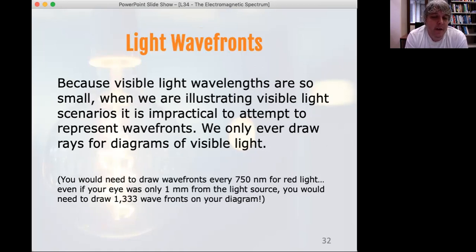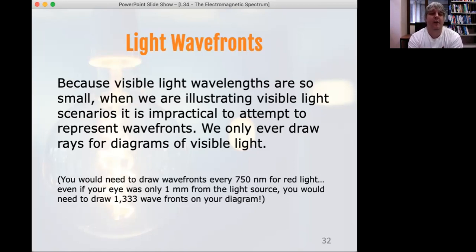If you were going to draw a diagram of light and you wanted to draw the wavefronts on it, you would need to make the scale big enough that you could draw one wavefront every 750 nanometers. That would mean if you were doing a diagram that was only covering 1 millimeter of this red light, a tiny, tiny distance, you would have to draw 1,333 wavefronts. And so that's a ridiculously big and complex diagram.